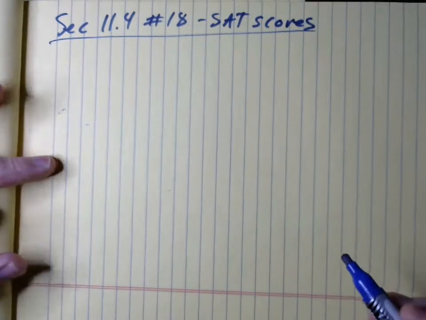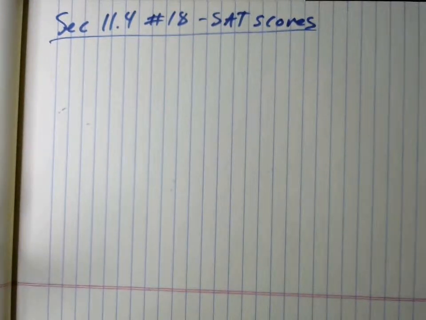A researcher wants to and so on. It gives you all the information that we need here, and they give you some of the sample statistics. What we're doing is comparing students who do not plan to apply for financial aid and those who plan to apply for financial aid.